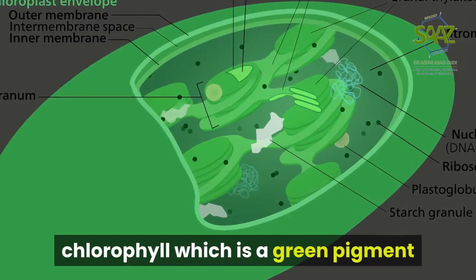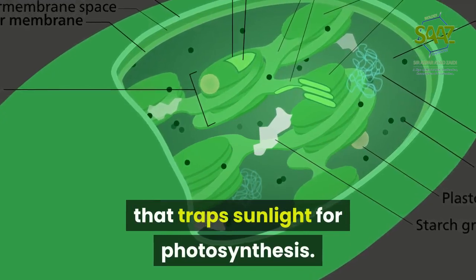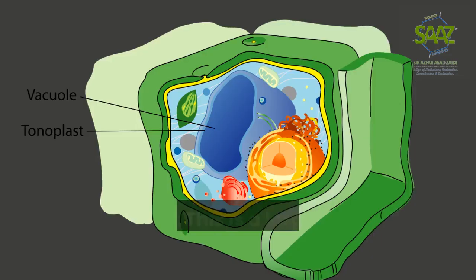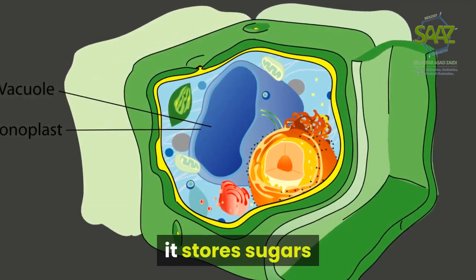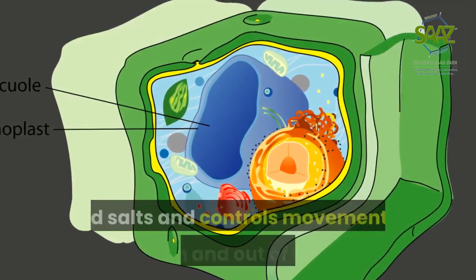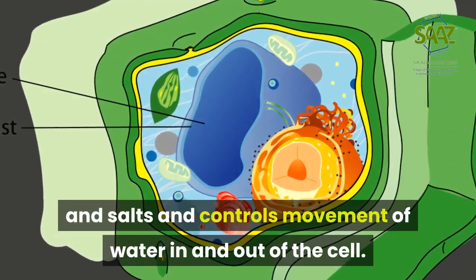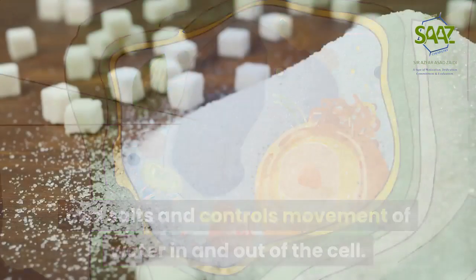They are sacs which contain chlorophyll, which is a green pigment that traps sunlight for photosynthesis. Number 3, vacuole. This is a large room in the center of the cell. It stores sugars and salts and controls movement of water in and out of the cell.